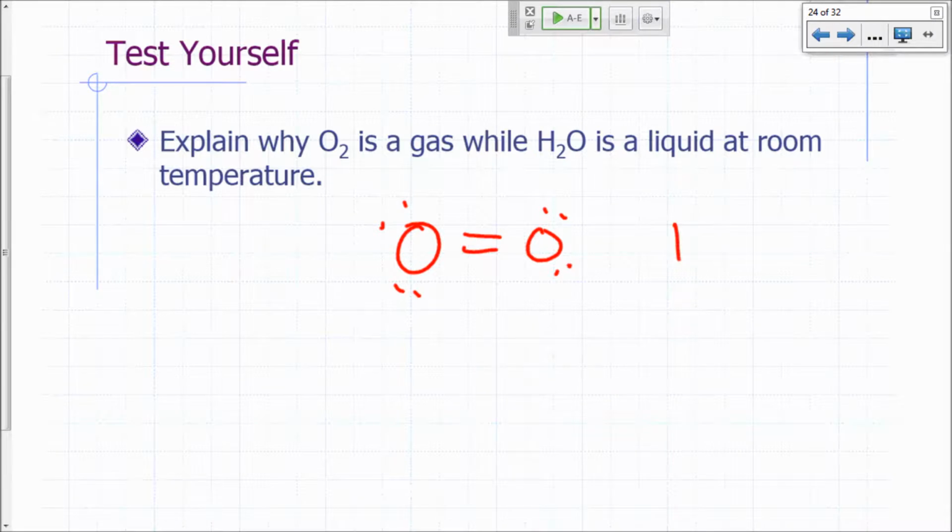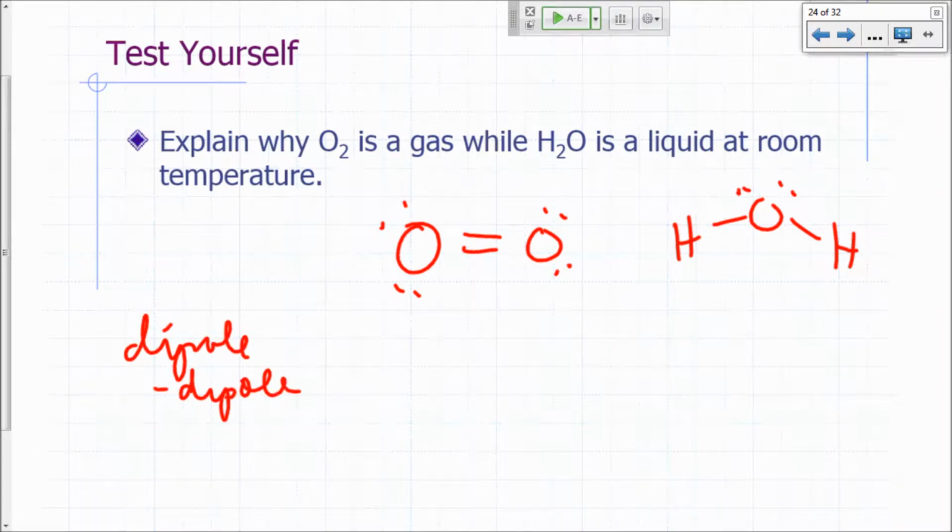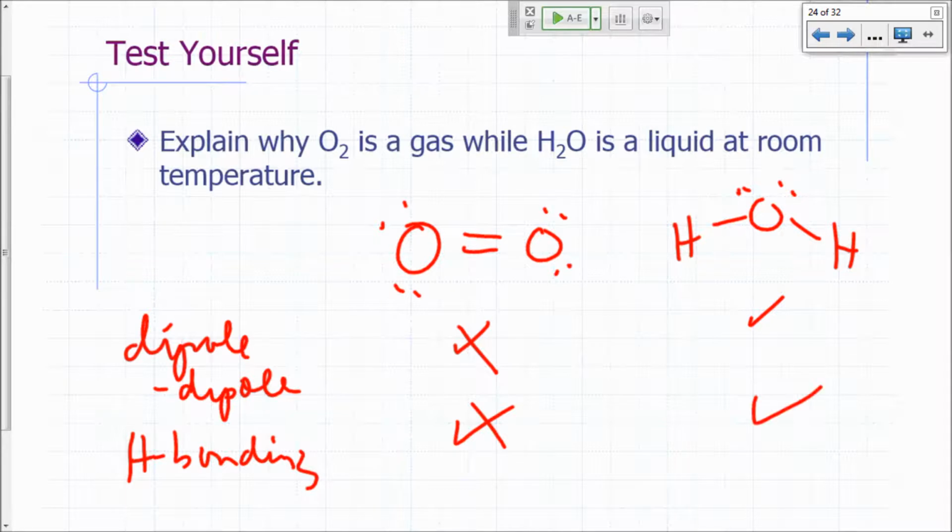Let's compare a pair of oxygens versus a pair of water molecules. Dipole-dipole: oxygen is nonpolar, right? Water molecules can have dipole-dipole. Hydrogen bonding: none for oxygen. Water molecules can have hydrogen bonding interaction, right?